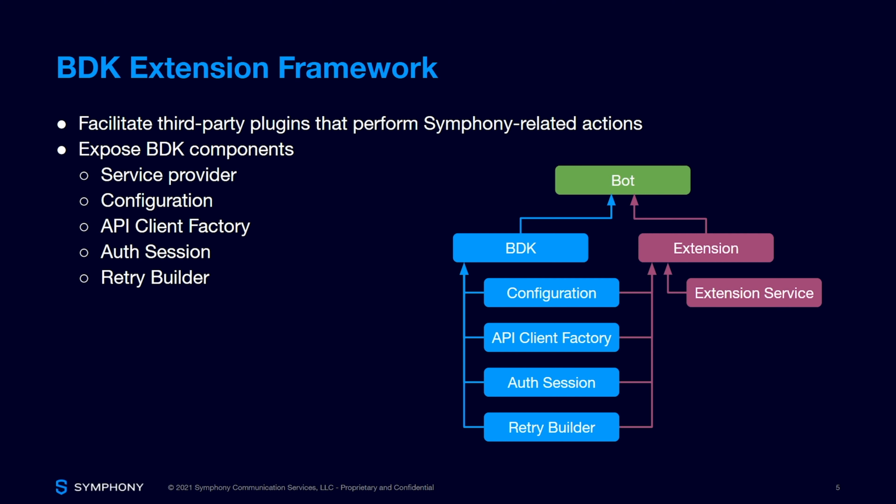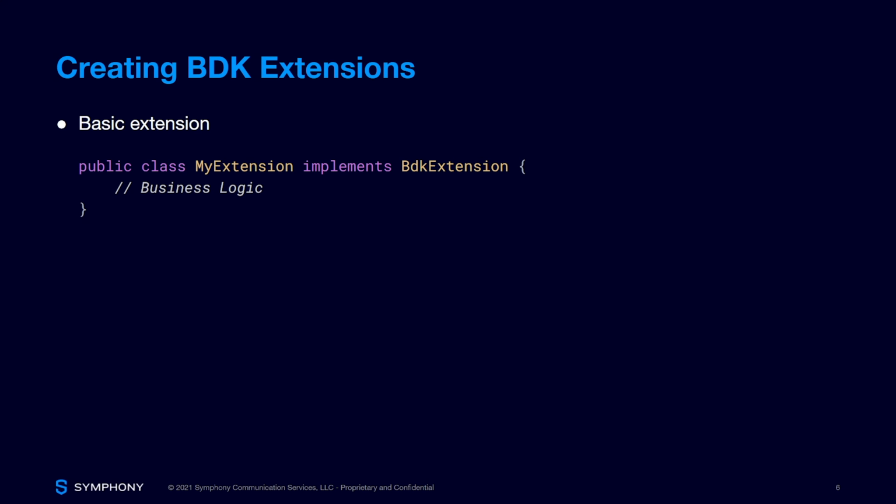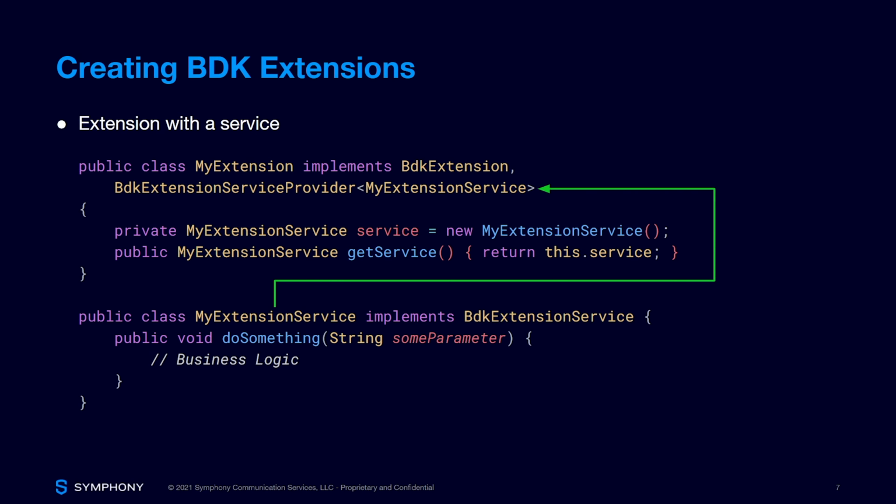So let's take a look at how to actually build an extension. At the core, an extension is just a regular class that implements the BDK extension interface. It will contain some business logic, and this is all arbitrary, so it could be in the constructor or any custom methods. But how do you expose an extension's logic to bot projects? You use this service concept.